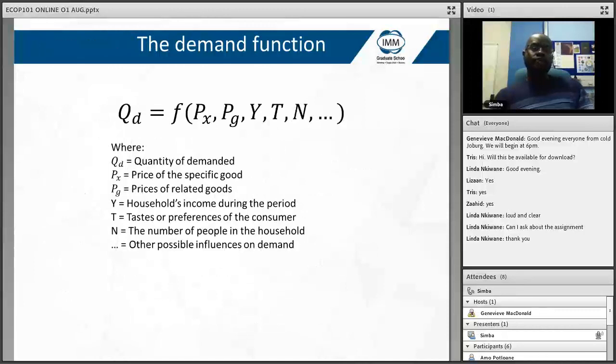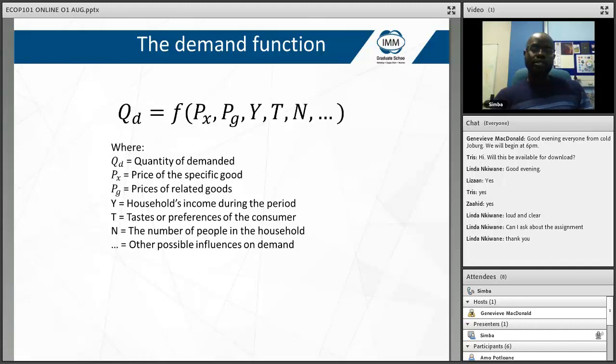Okay? So when you look at the demand function, we can summarize it through that equation there. Remember, we can use words, graphs, equations, and tables to explain demand. So here, this equation says quantity demanded, which is QD, is a function of the price of a specific good, the price of related goods.